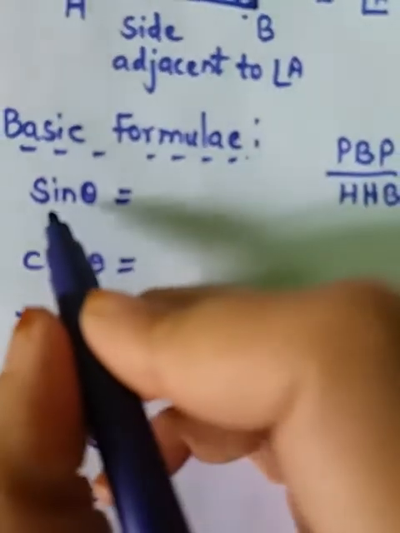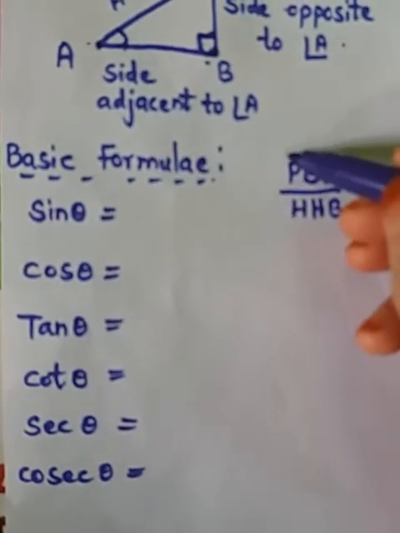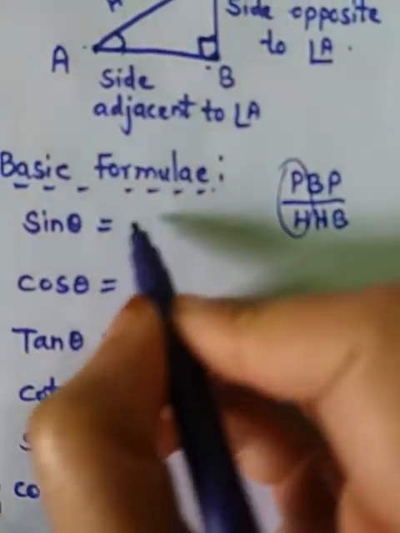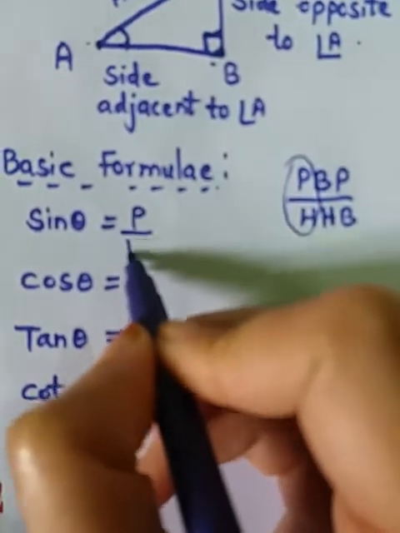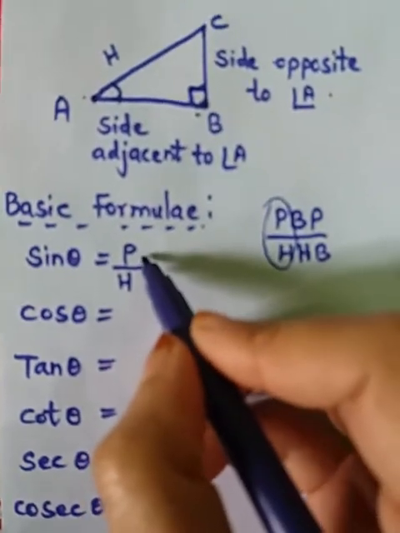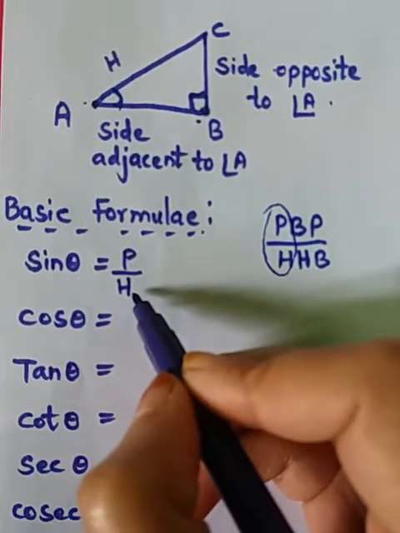So let us see the first one, sine theta. Here sine theta is nothing but P upon H. What does it mean? P upon H is nothing but perpendicular upon hypotenuse.